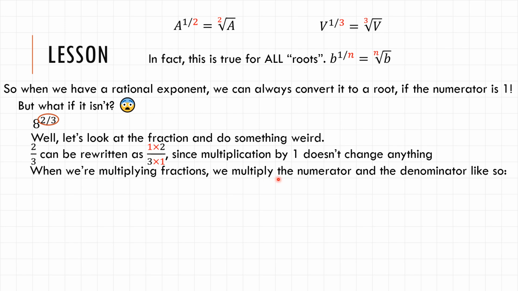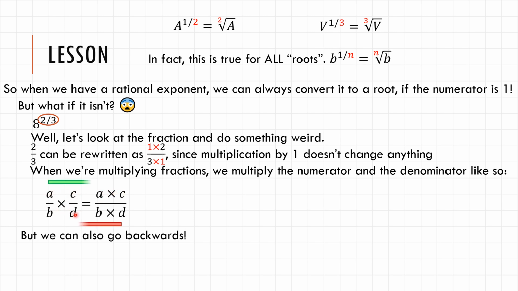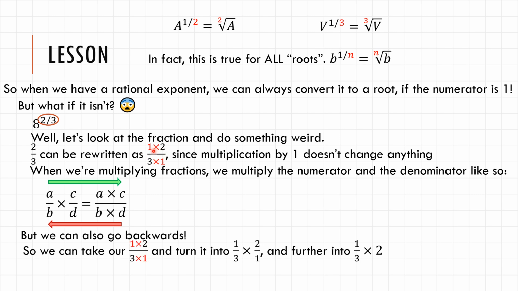Now, when we're multiplying fractions, usually we can just multiply the numerators and multiply the denominators, just like this, right? A over B times C over D is A times C over B times D. But now, instead of going forwards, I actually already have a situation that looks like this. So I'm going to go backwards and split this up into 1/3 times 2/1.